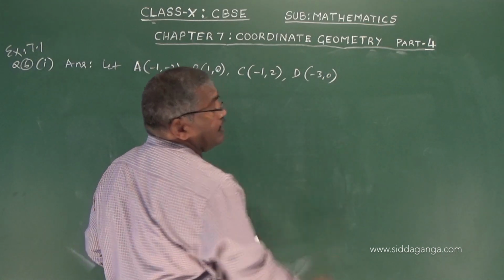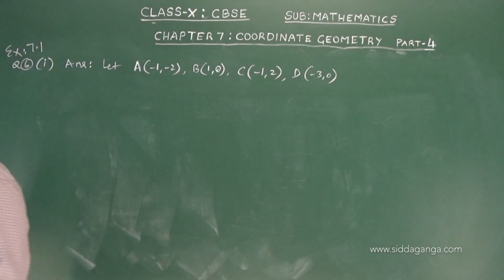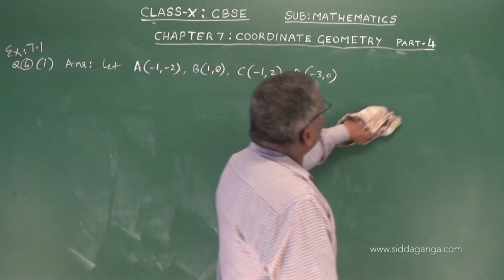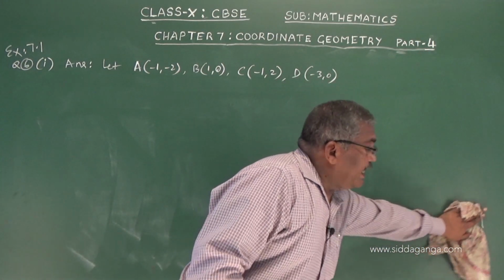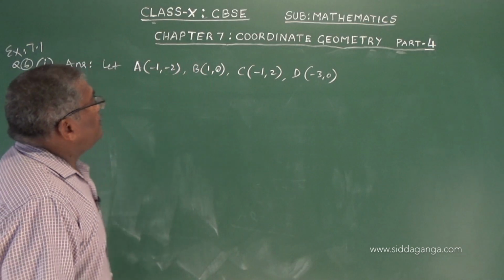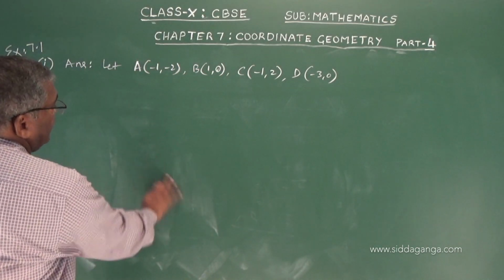So as in the previous problem, we have to find out AB, BC, CD and DA and check. Based on the lengths, we have to examine what kind of quadrilateral it is.